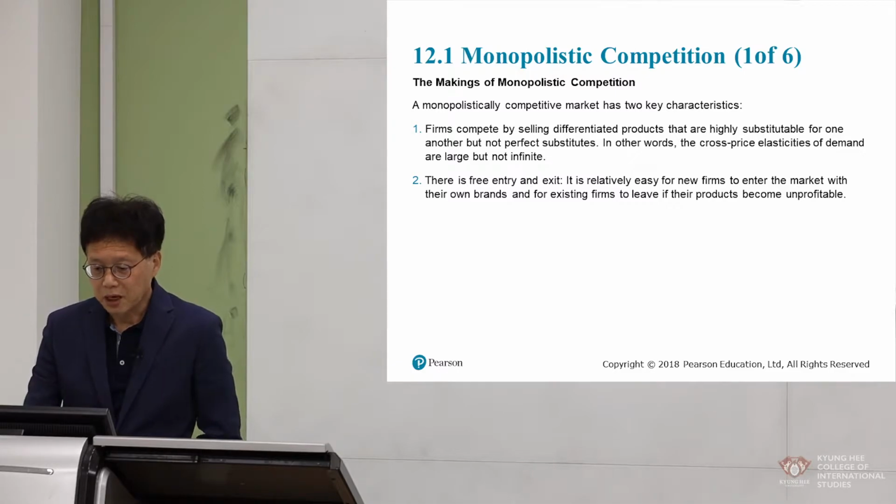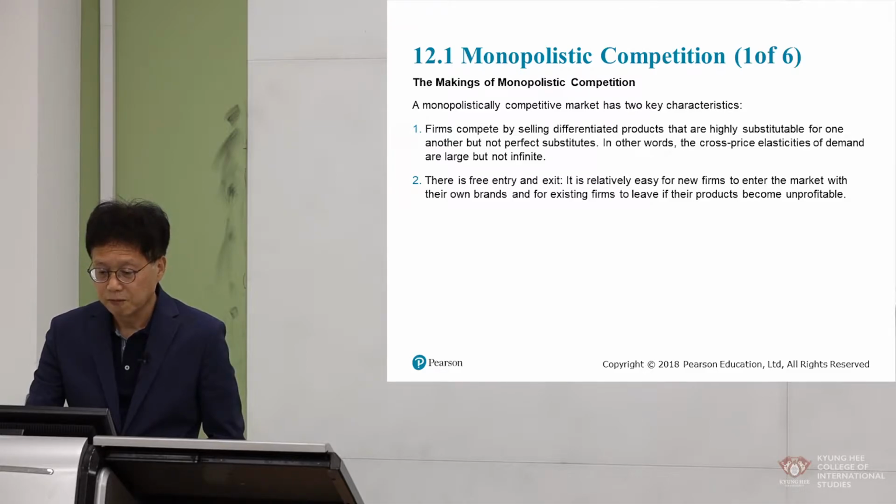Slide number 4. The market of monopolistic competition. A monopolistic competitive market has two key characteristics. Number one, firms compete by selling differentiated products that are highly substitutable for one another, but not perfect substitutes. In other words, the cross price elasticity of demand is large, but not infinite. Okay? Differentiated products, but highly substitutable.